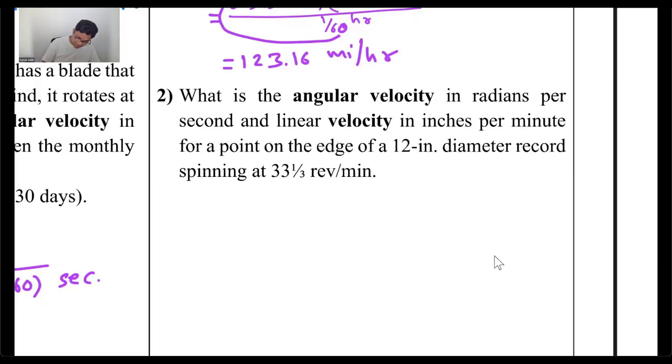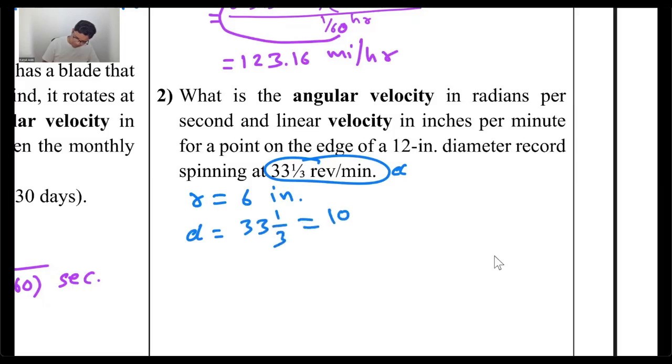So once again, radius is 6 inches, and the angular speed spinning, this given here is your angular velocity.